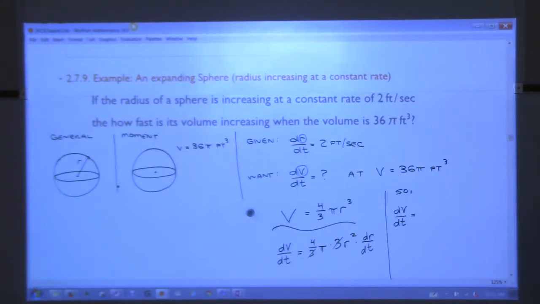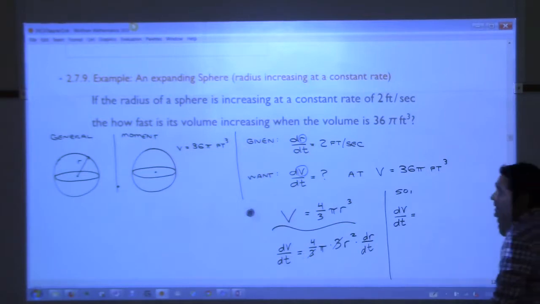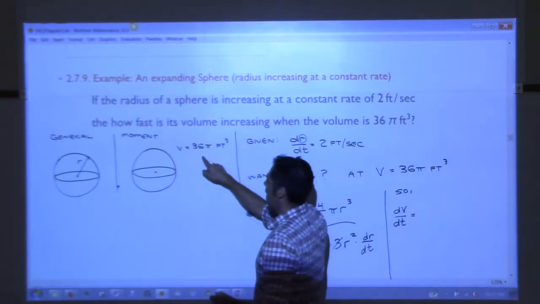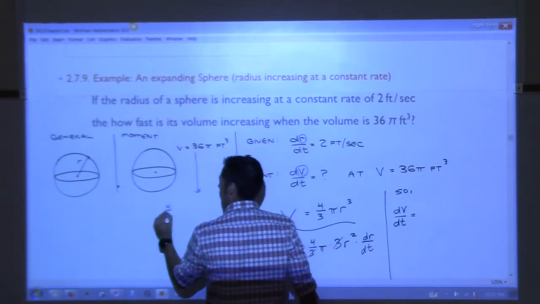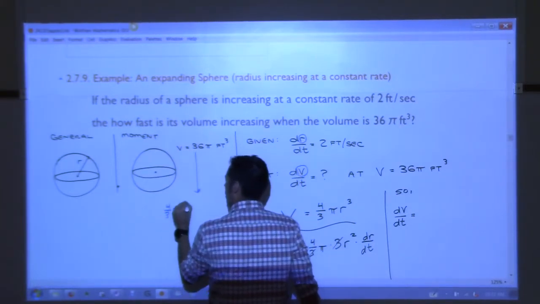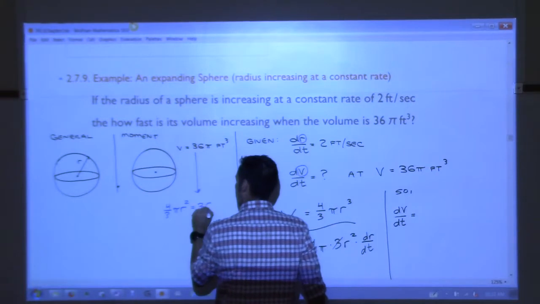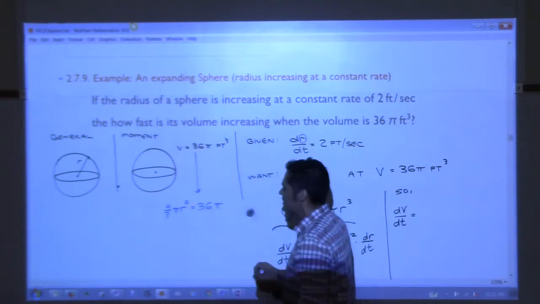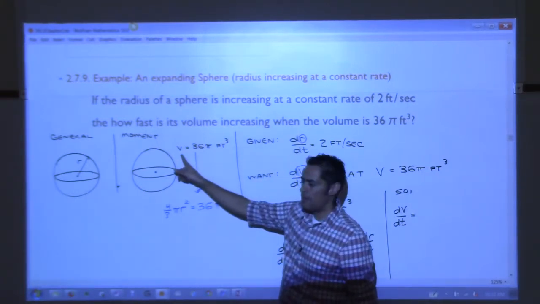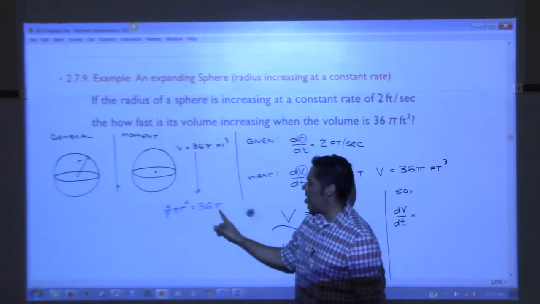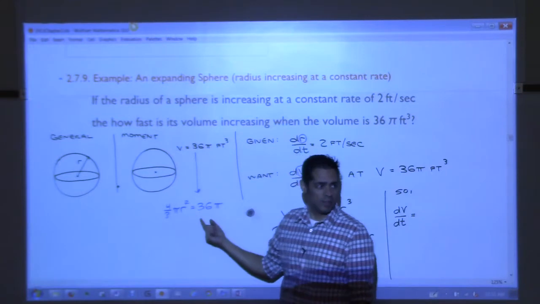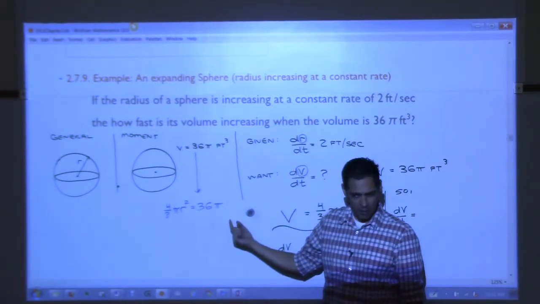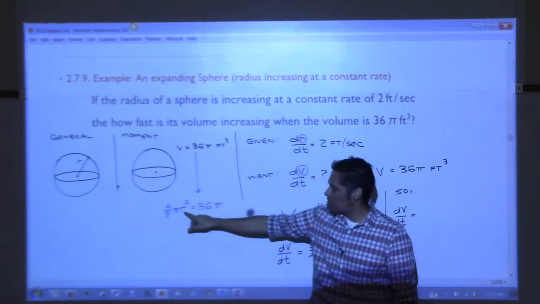So now I'm going to come back over to this picture and rewrite this as 4/3 pi r squared equals 36 pi. Isn't that what volume is? If I tell you the volume was 36 pi, that means 4/3 pi r squared was 36 pi. Do y'all follow me?